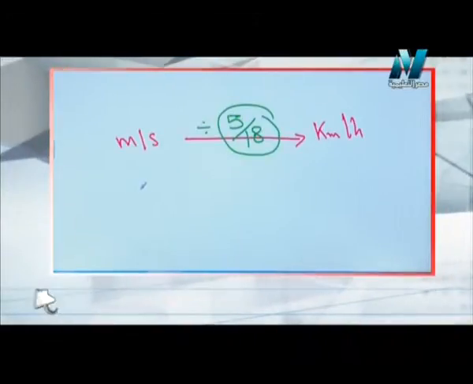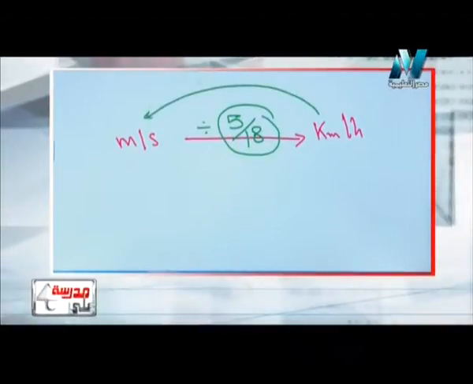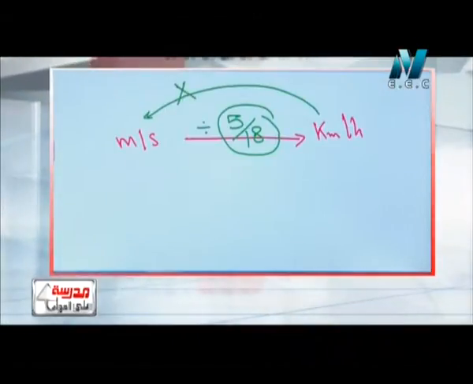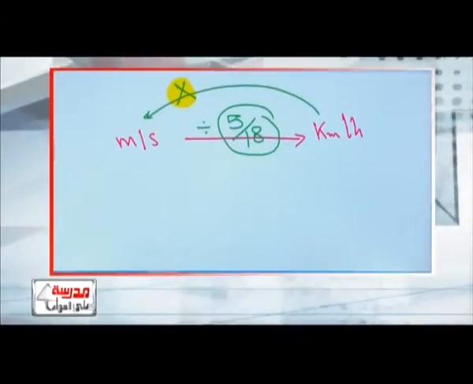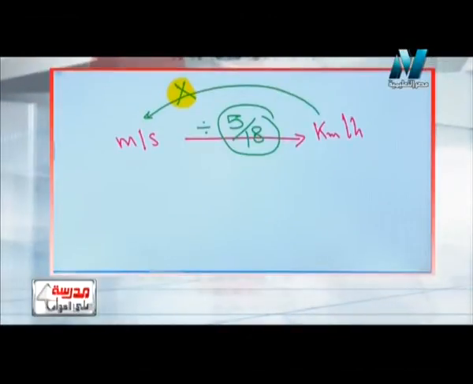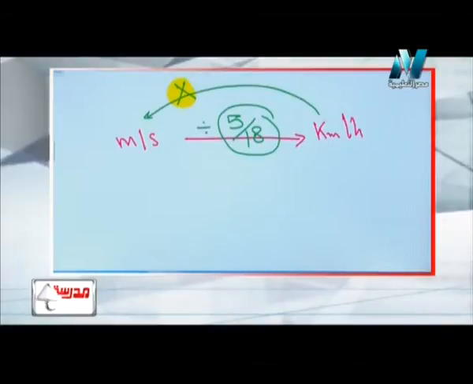But from kilometer per hour to meter per second we multiply with 5 over 18. So we have a special and very easy way to convert between them.